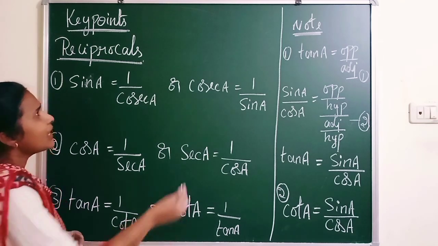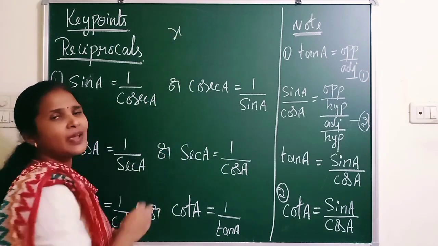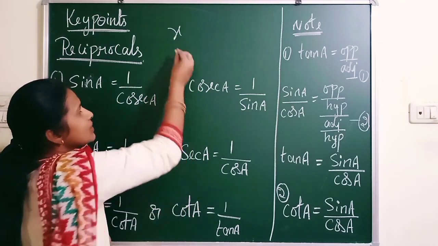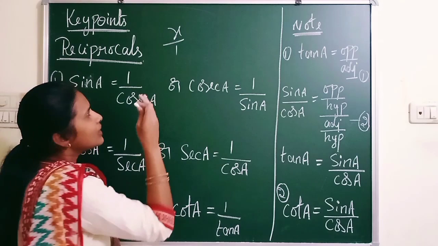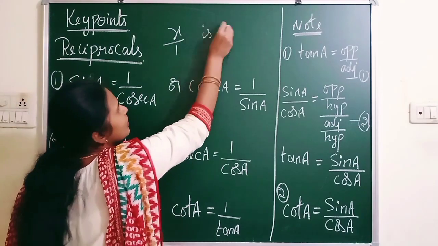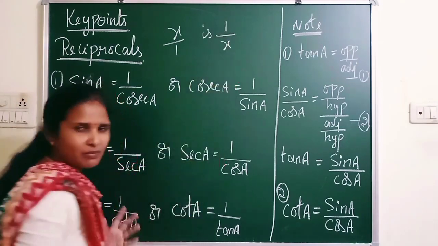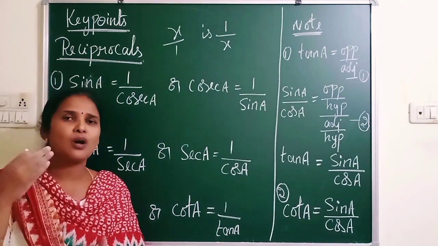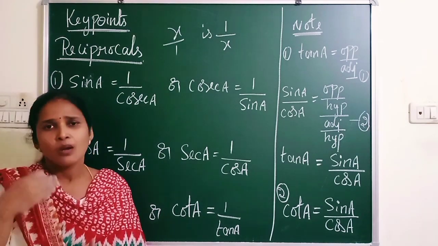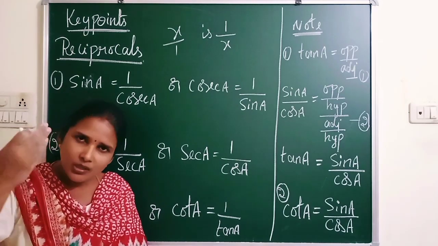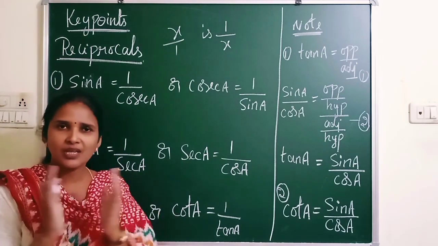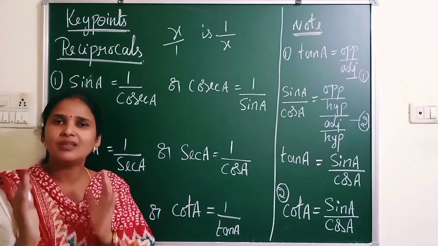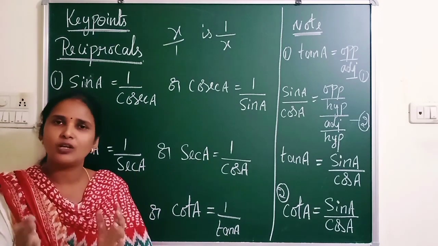Whenever I ask what is the reciprocal of x: x is x by 1, so the reciprocal of x is 1 by x. Similarly here, sine is opposite by hypotenuse, cosec is hypotenuse by opposite. So both are linked with each other as reciprocals.